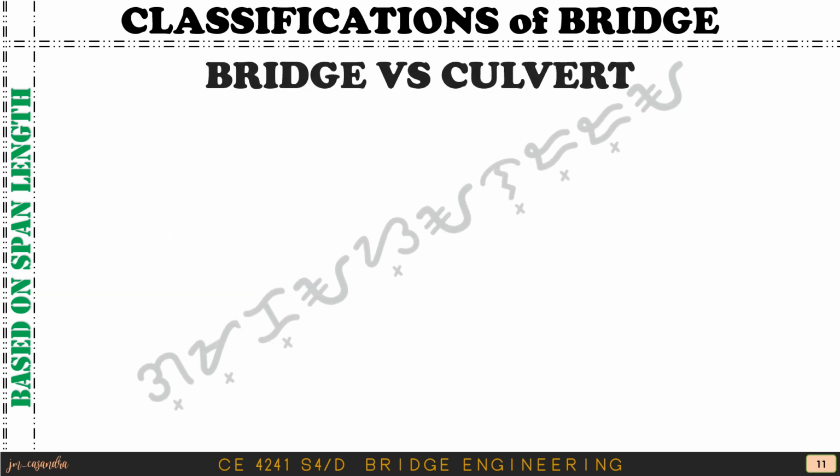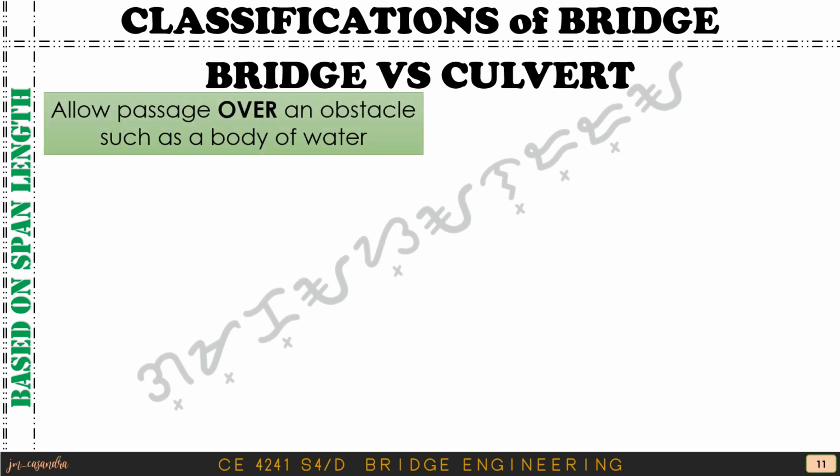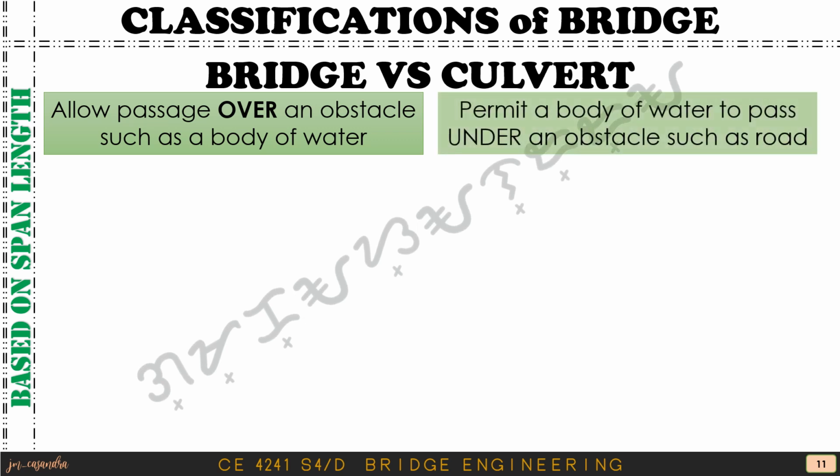So what is the difference between a bridge and a culvert? When we say bridge, there is passage over an obstacle such as a body of water. A culvert permits a body of water to pass under an obstacle such as a road. So, bridge over an obstacle, culvert under an obstacle.